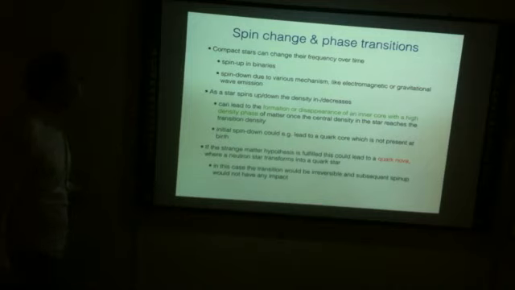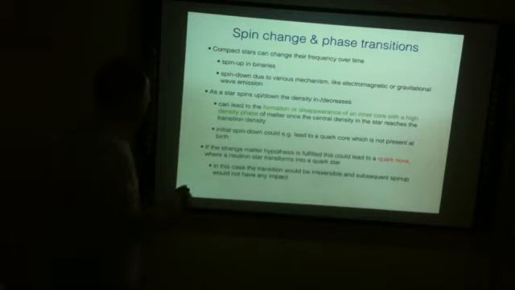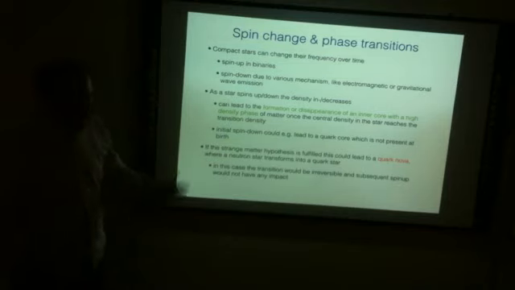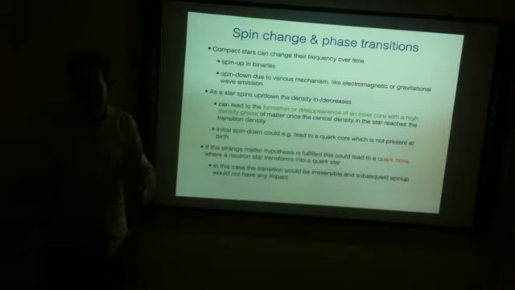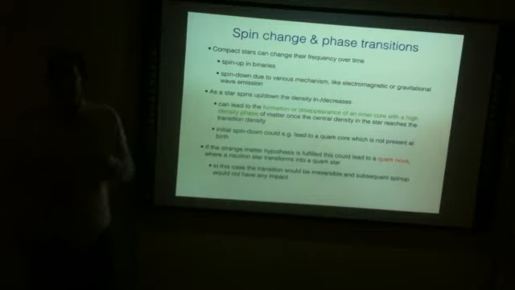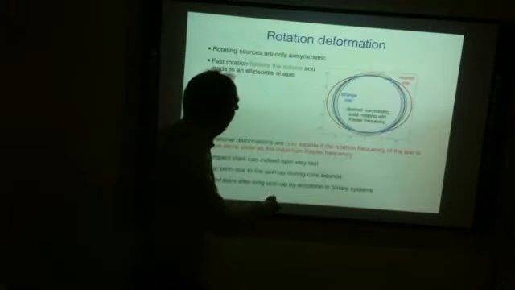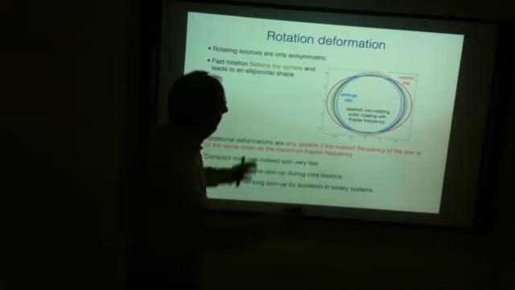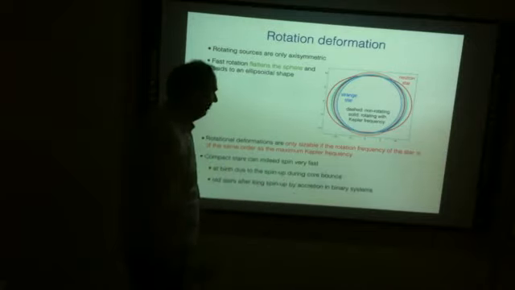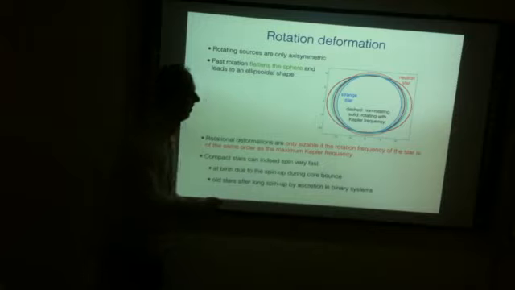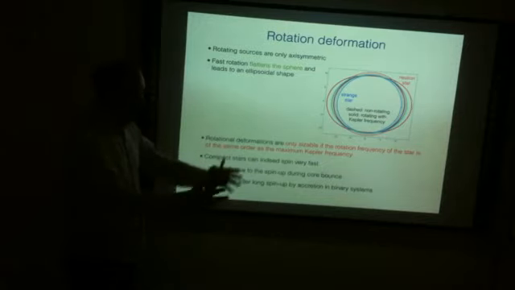The last point is that you can also have phase transitions from these spin changes. The most dramatic case I already told you about, it would collapse. But the other thing is that when you start with something like this, and then the rotation becomes slower, the star will be more compressed.